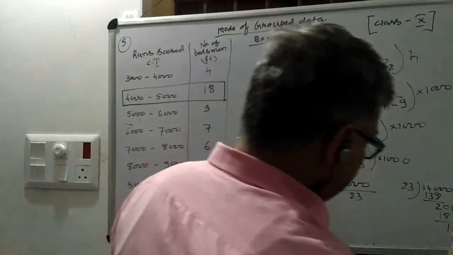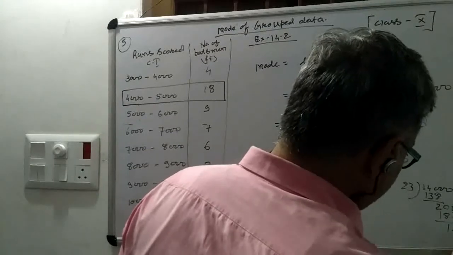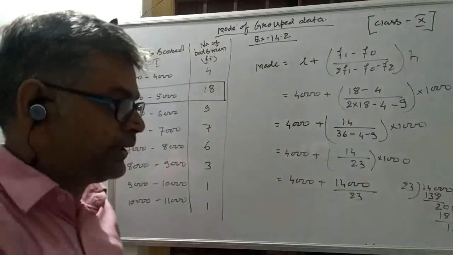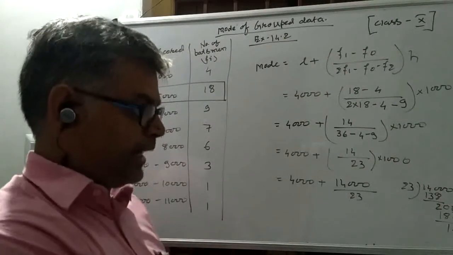Now put the decimal again. So it becomes 160, and 160 will go 7 times.